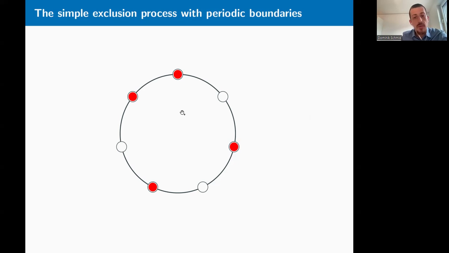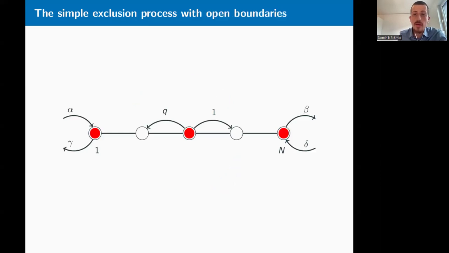Again, we have the very simple rule that each particle receives two clocks. Whenever this clock rings, it tries to make a jump in clockwise order. And whenever a particle's rate q clock rings, it attempts to jump in counterclockwise order. Again, under the exclusion constraint. So in this case here, nothing happens. So this was for periodic boundary conditions.